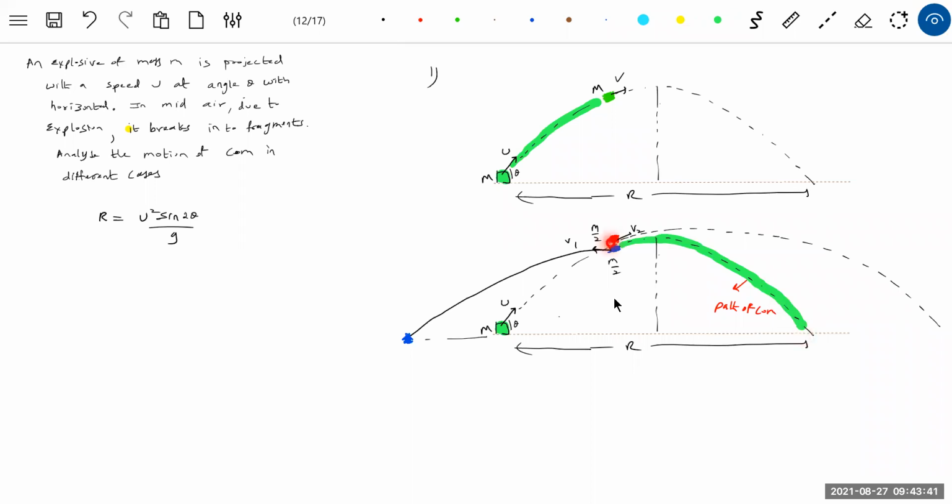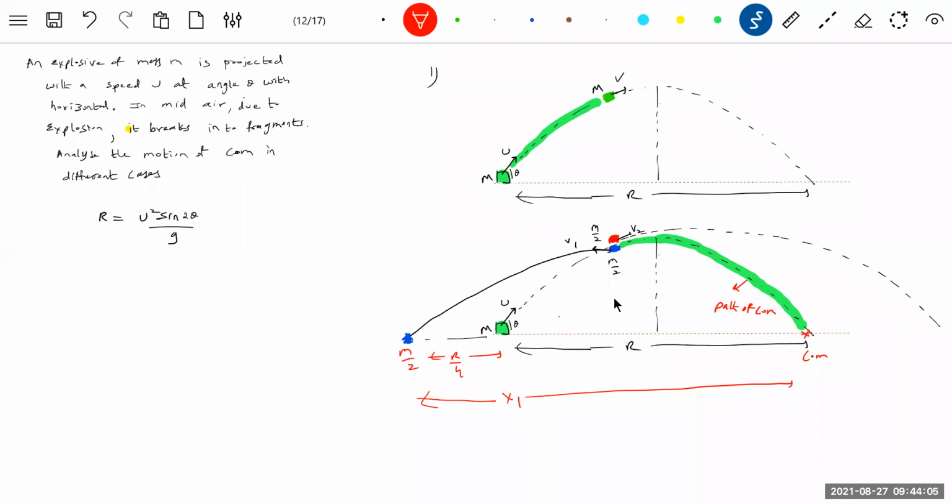One of the fragments will go and land here. So let this be distance R by 4. Where should the other fragment be, because the center of mass will come and strike here. So now m1 x1 should be equal to m2 x2. So if this is x1, what about the other fragment?